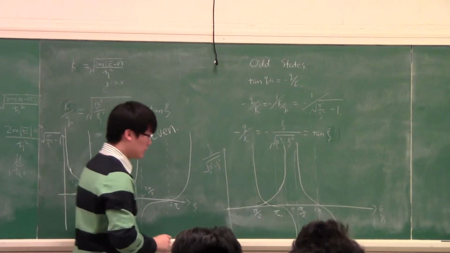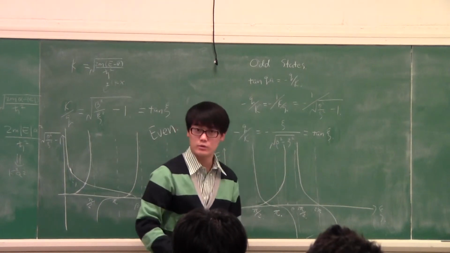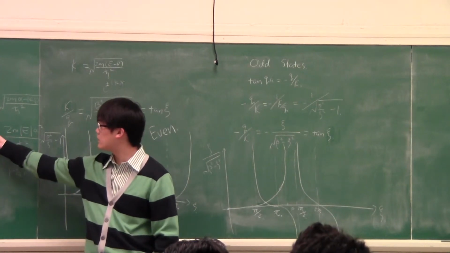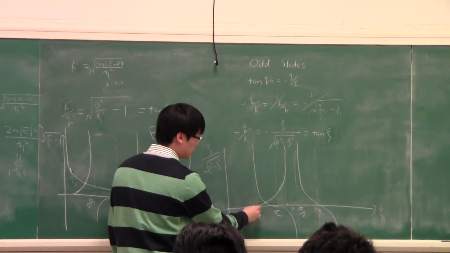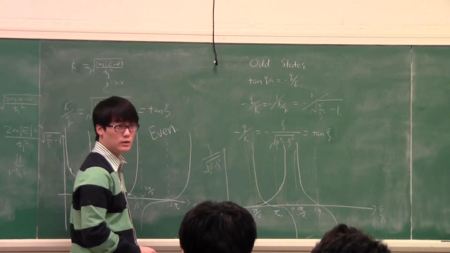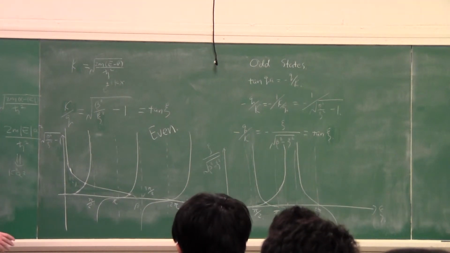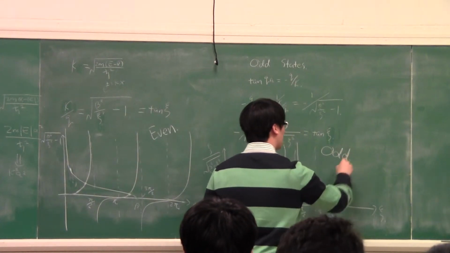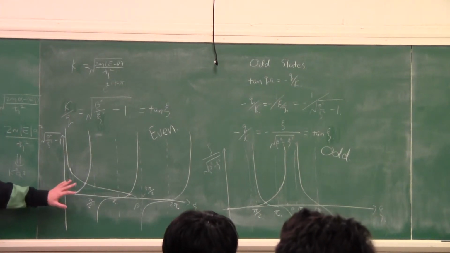Okay. So now, if I place my beta here, why did I define beta? Just to say that V naught alpha A squared is not that big. Then there might not be an odd solution, because I would have something like this, and there are no intersections. Right? But that's not the case for the even solution. Now, there's always an even solution, as you can see from this graph.